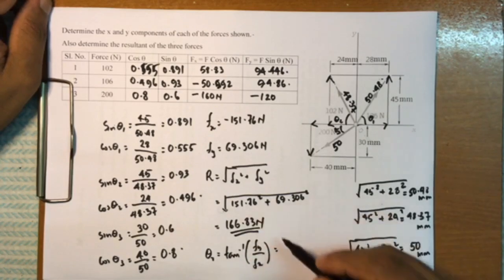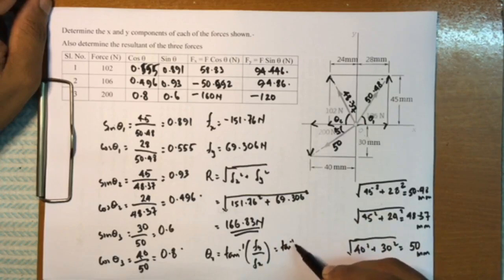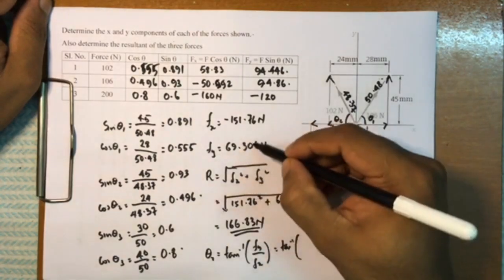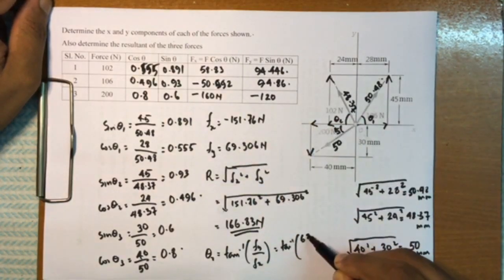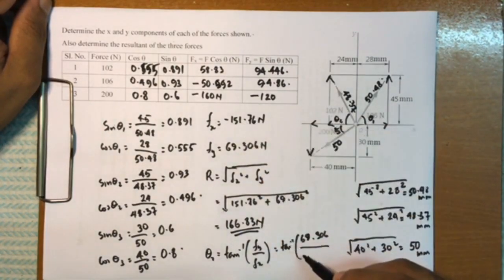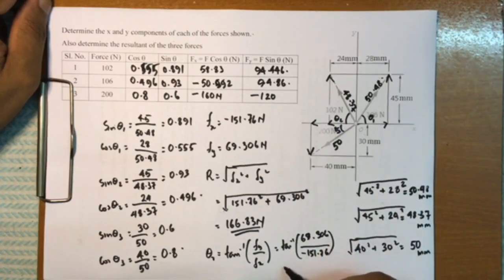So here it will be tan inverse of Fy, 69.306, divided by Fx, minus 151.76, which will give you an angle of minus 24.56 degrees.